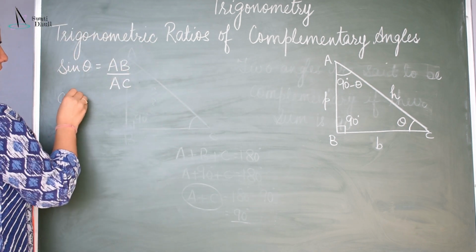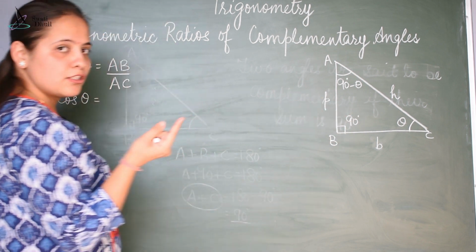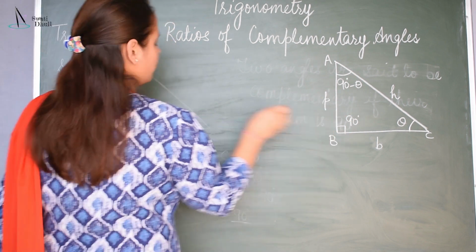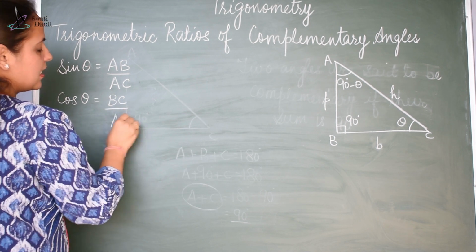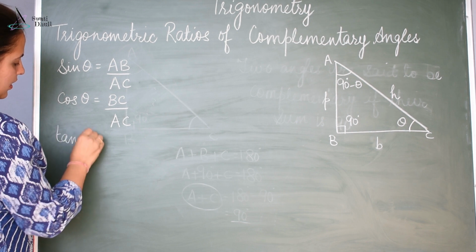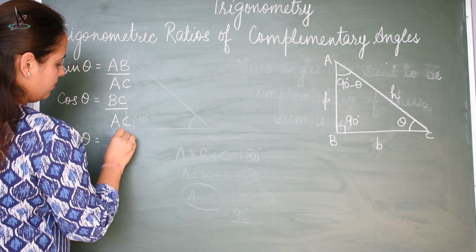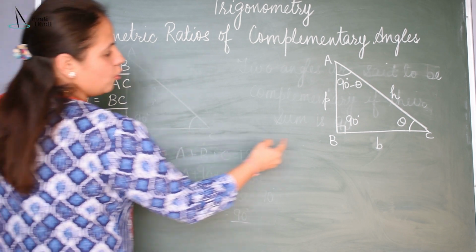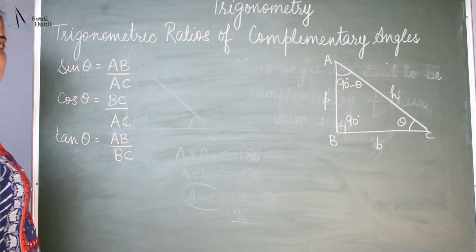Now we find all the trigonometric ratios. Cos theta is base upon hypotenuse, so BC upon AC. Now tan theta is perpendicular upon base, so AB upon BC.